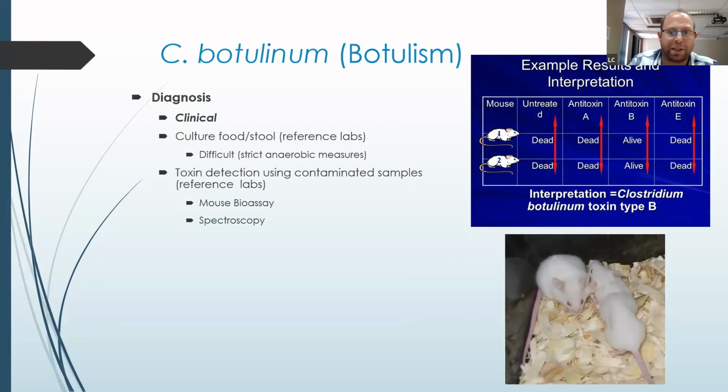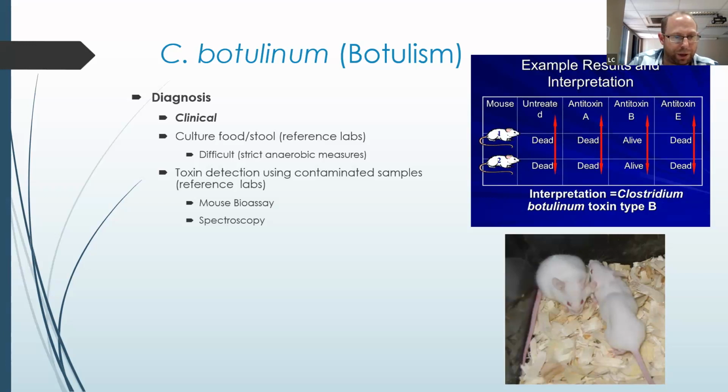And they give the mice antitoxins in various forms, A, B, and E. And essentially, they watch what happens to the mouse who's given the antitoxin and the mouse who's not given the antitoxin. Anyone in whom the toxin was not neutralized would pass away. But in fact, they often get this shouldering, this appearance of the respiratory muscles essentially struggling.